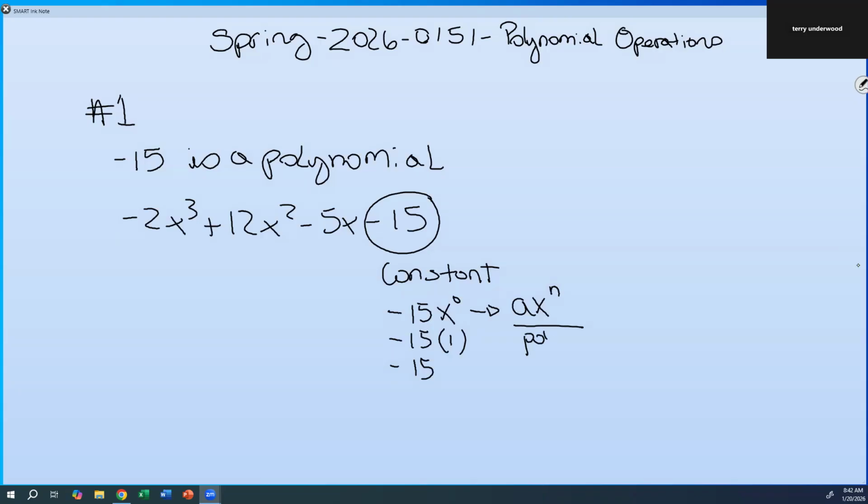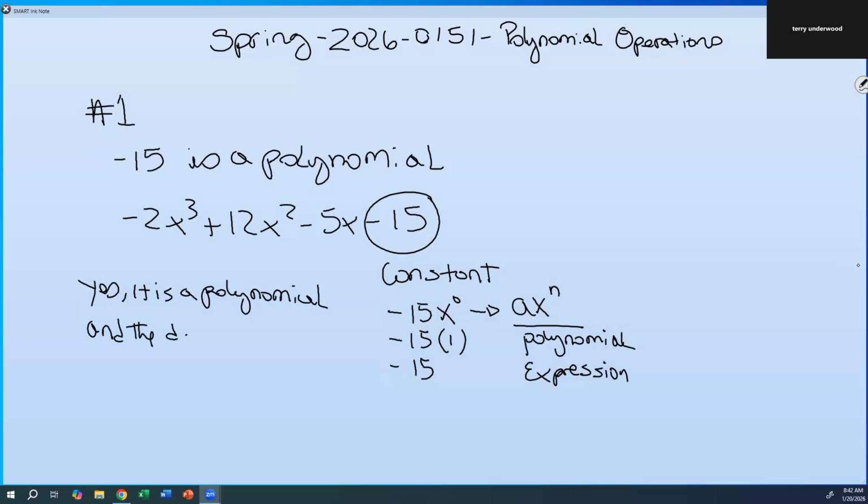A polynomial expression, we can say that yes, it is a polynomial, and the degree of this polynomial is 0.